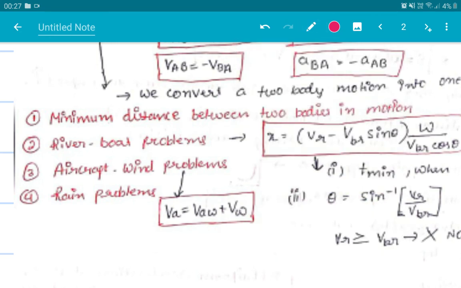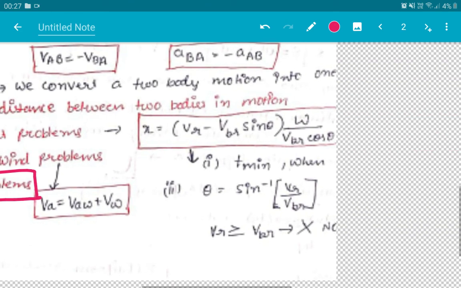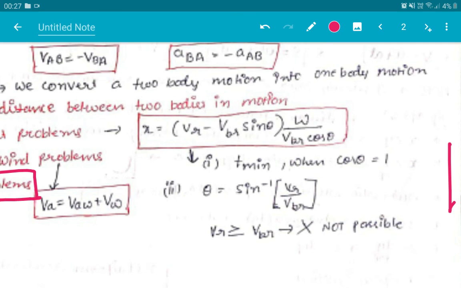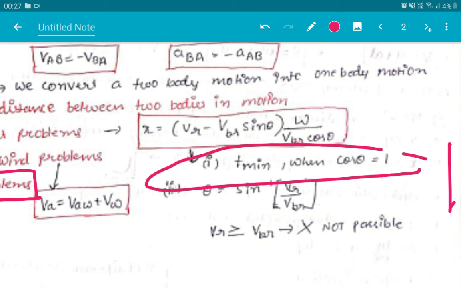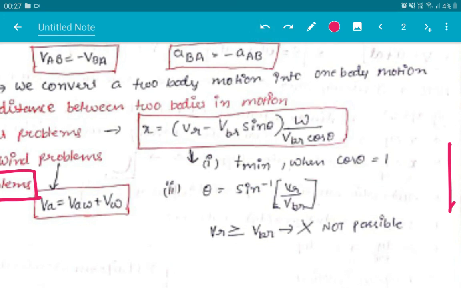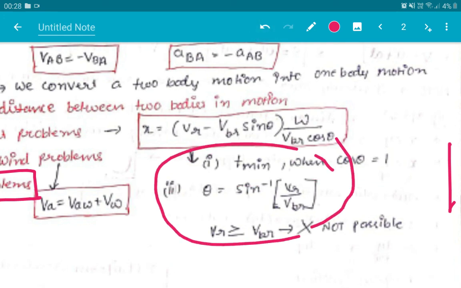That's it. And last but not the least, rain problems. Same. And here also, in river problems also, there are a few things you need to keep in mind. Time is minimum when cos theta is equal to 1, and if you want to calculate the angle of movement, then it is sine inverse of VR by VBR.